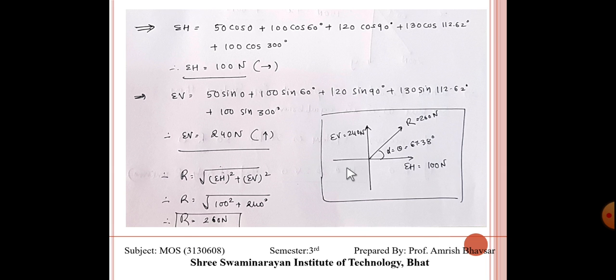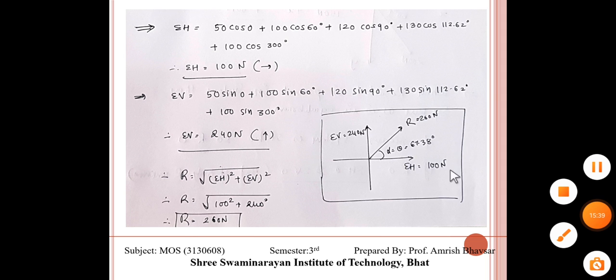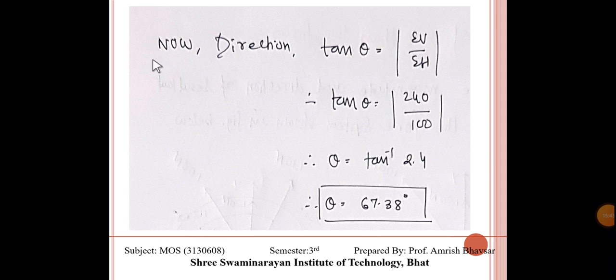So, what is happening here? We know the direction: tan theta is equal to sigma v upon sigma h. That is why tan theta is equal to 240 upon 100, in modulus. Whenever we take the modulus, all the signs must be positive.